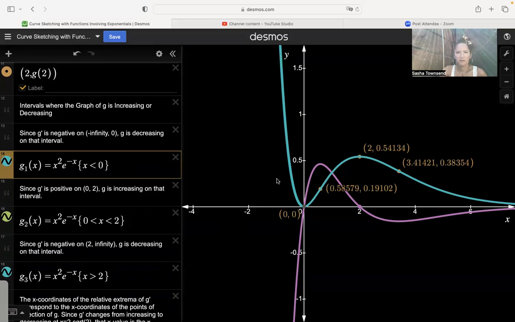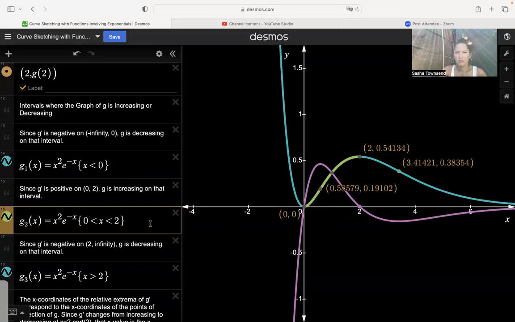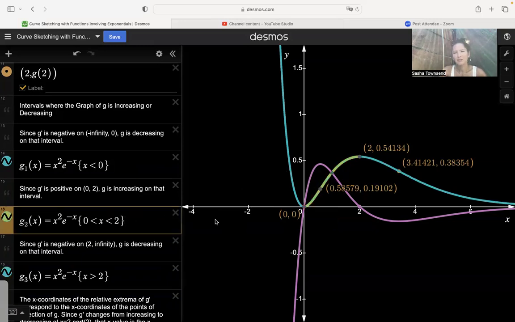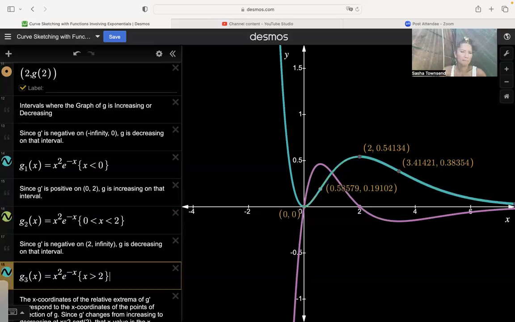When we go from negative infinity to 0, you see the function's increasing there. On the interval from 0 to 2, I've graphed it in green. The function is decreasing on the first interval, increasing on the next one, and then decreasing on the last one. So we can see decreasing, increasing, decreasing if we graph the function on those 3 intervals.